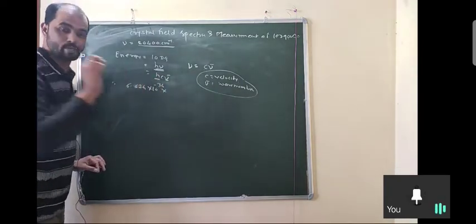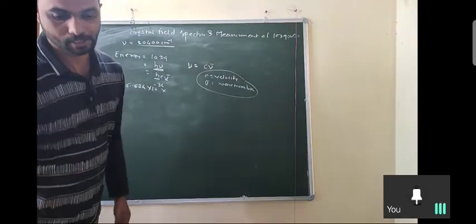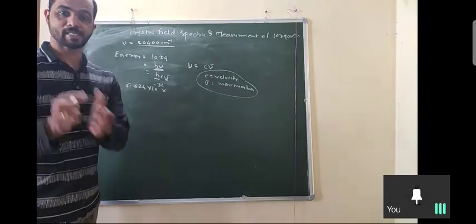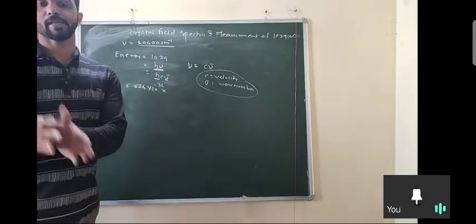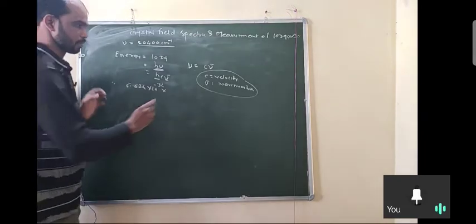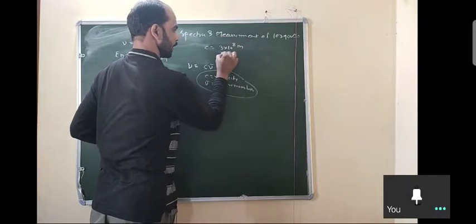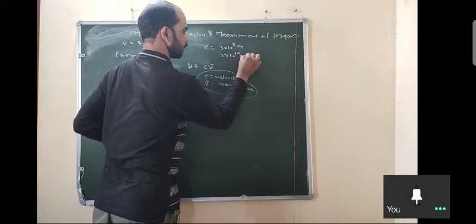That's why here we also consider the velocity of light in centimeters. c is equal to 3 into 10 raised to 8 meter per second, or 3 into 10 raised to 10 centimeter per second.